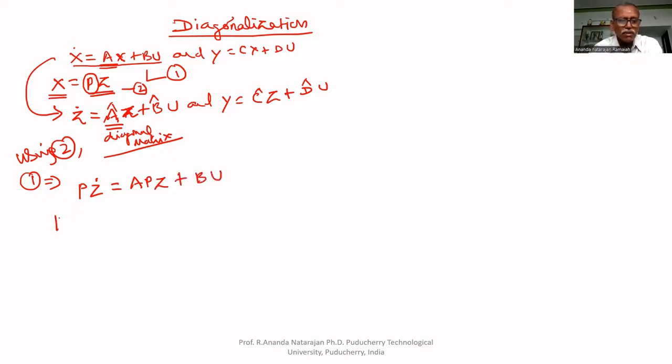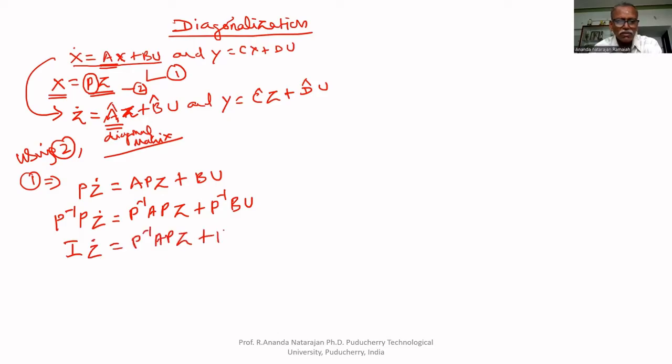Pre-multiply on both sides by P inverse, because P is a matrix. P inverse P Z dot equal to P inverse AP Z plus P inverse BU, or P inverse P Z dot, which is equal to I Z dot, equal to P inverse AP Z plus P inverse BU, or Z dot equal to P inverse AP Z plus P inverse BU.